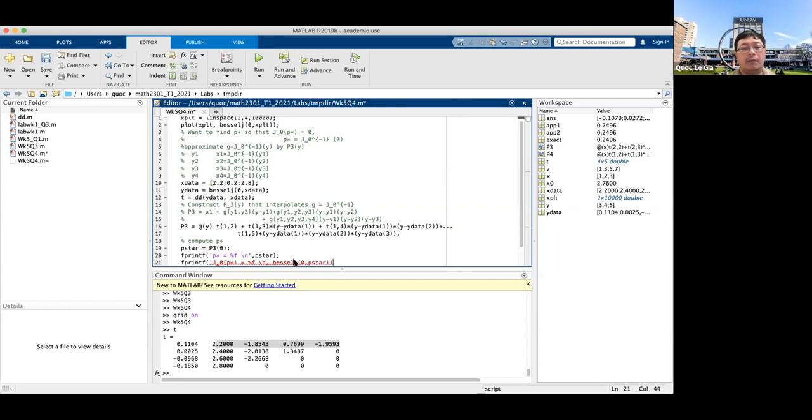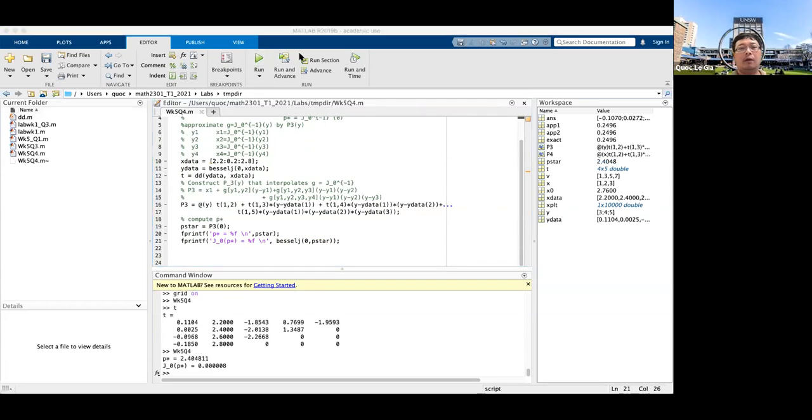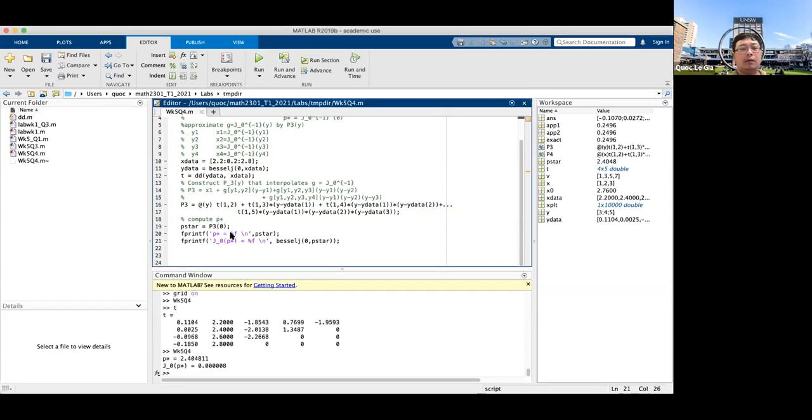Okay. And I forgot to close the sentence. So now if I run it, you see that my P star is about 2.4 something, right? And J0 of P star is very close to 0, you know, just like 10 to the minus 6, yeah.